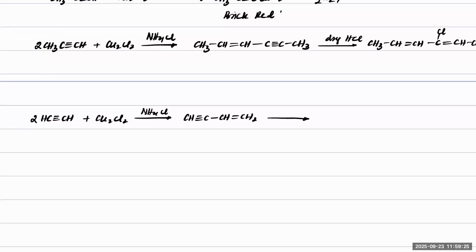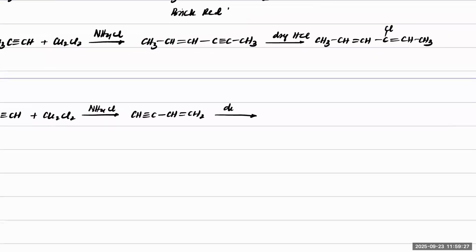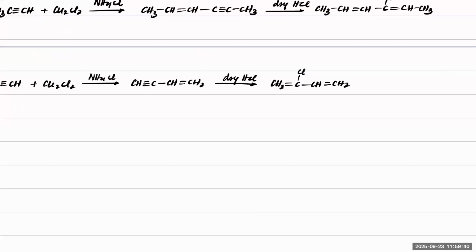Then when you react this with dry HCl, you will get CH2 double bond CCl with CH double bond CH2, just like addition. So basically what you have is a conjugated diene. The name of this is chloroprene.